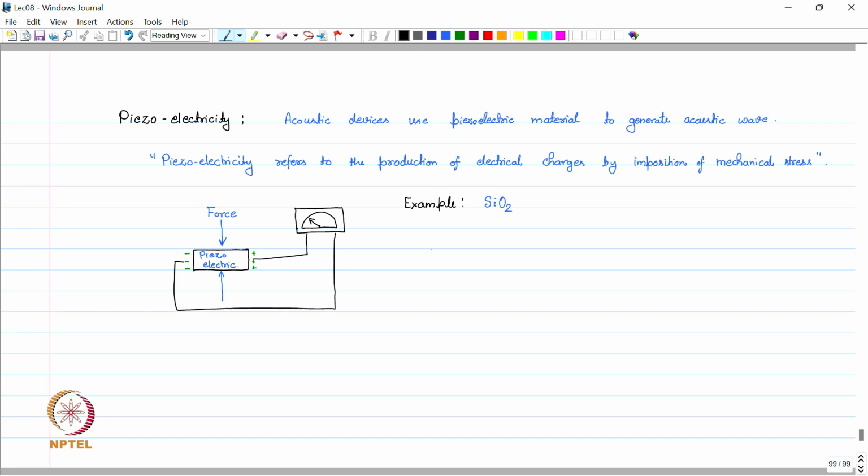And for the silicon oxide material, the configuration of the crystal is something like this.